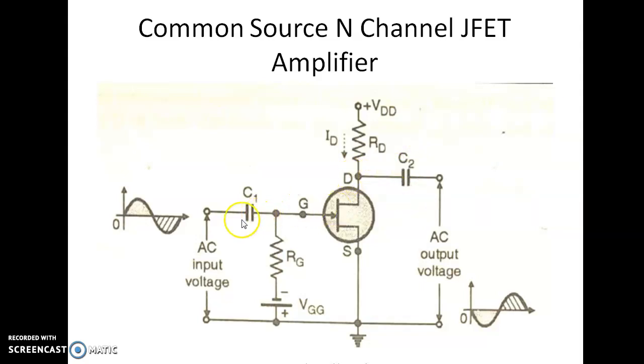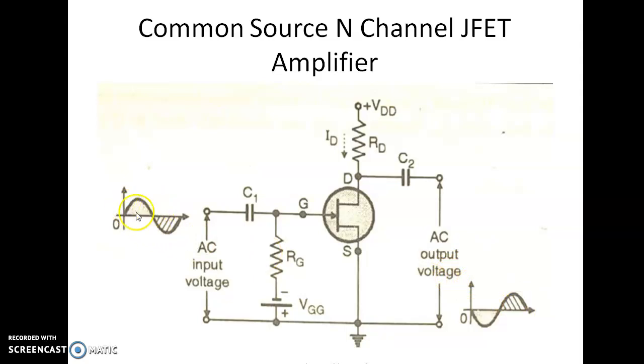The input AC signal is applied to the gate terminal of the N channel junction field effect transistor. There are two half cycles, a positive half cycle and a negative half cycle. We have to see what happens in the output voltage waveform during the positive half cycle and during the negative half cycle of the input signal.